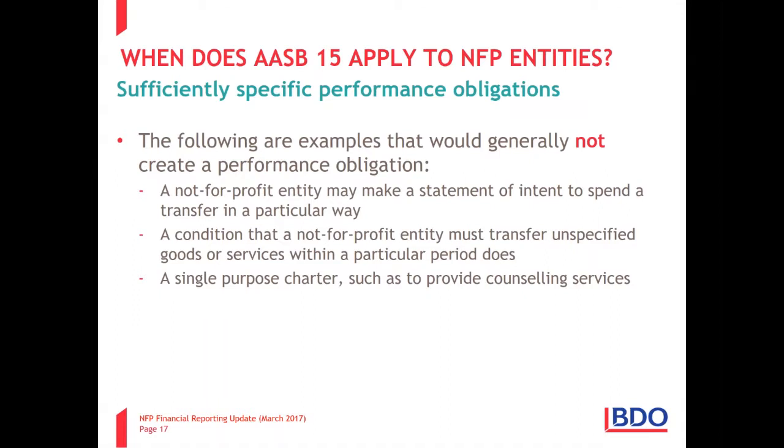A not-for-profit entity making a statement of intent to transfer something, no, that's not good enough. Or a condition that a not-for-profit entity must transfer unspecified goods or services within a period of time.